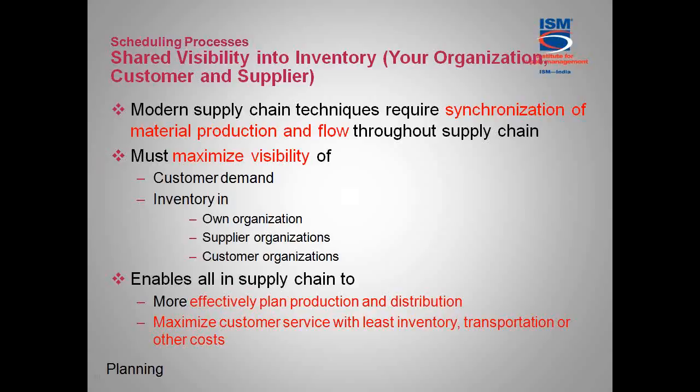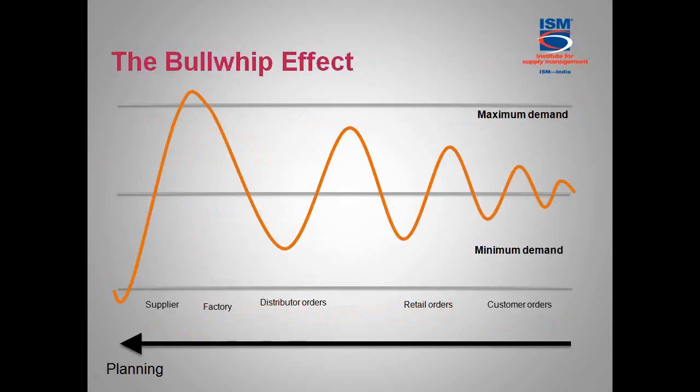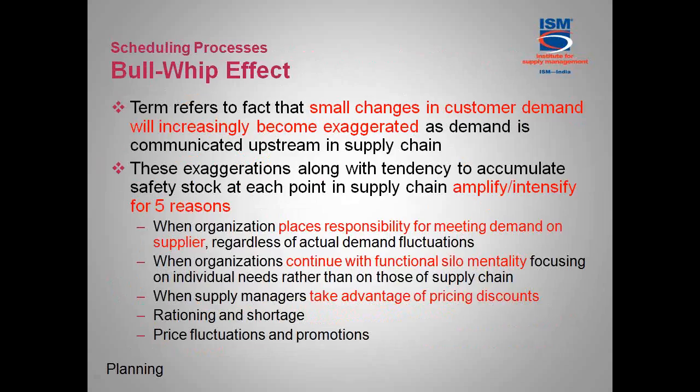And lastly, we are talking about the bullwhip effect. This effect is very commonly used. The reason for the bullwhip effect is when an organization places the responsibility of meeting demand on the supplier.